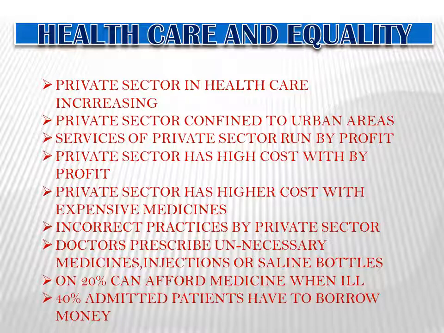Again, some private practitioners have incorrect practices: they bring in more patients and prescribe unnecessary medicines. These are incorrect practices prevalent in the healthcare system. The statistics show that only 20% can actually afford medicine. The remaining 80% go without medicine.